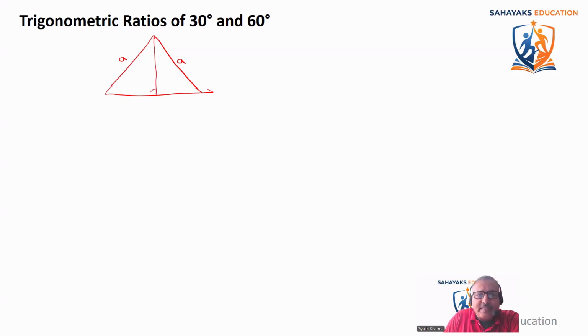When I make a perpendicular, this is 90 degrees. Now we have made one right triangle. So what is the value of this part? The base comes out to be A by 2.